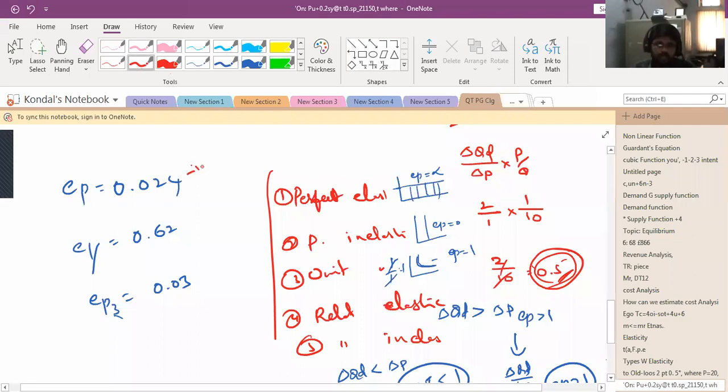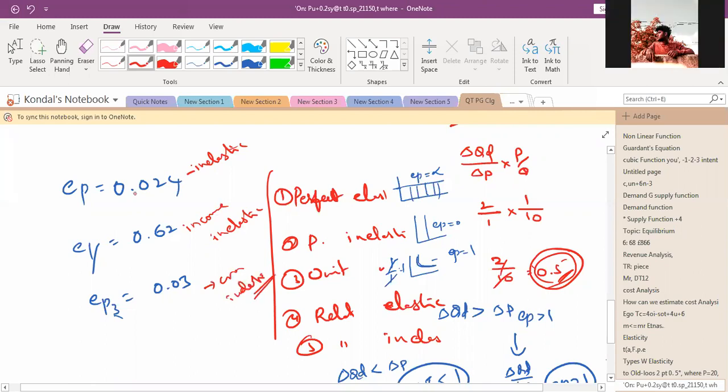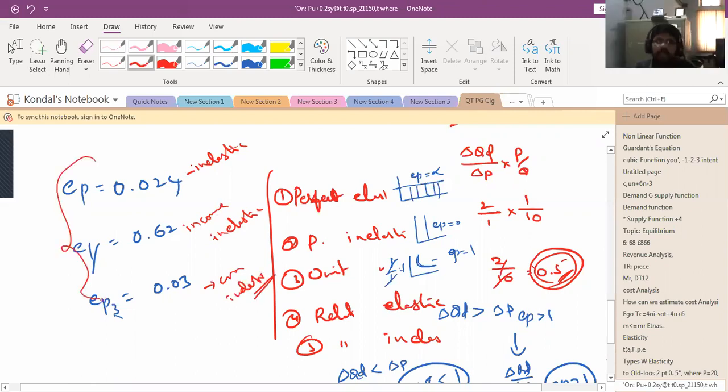Income elasticity is inelastic, this one also, right? And cross elasticity is inelastic too. So all 3 are inelastic.